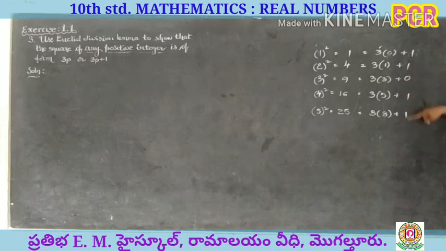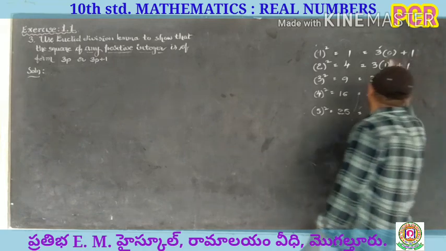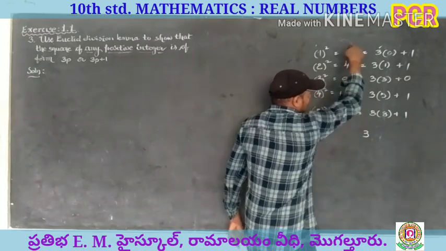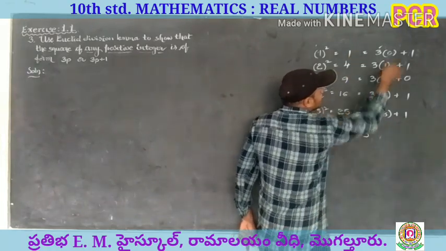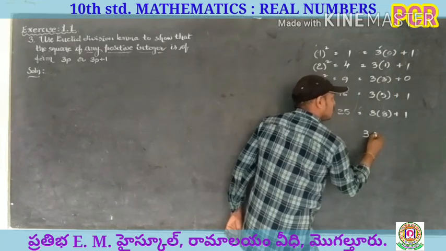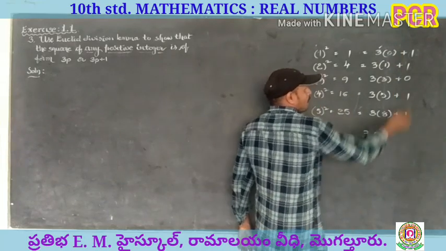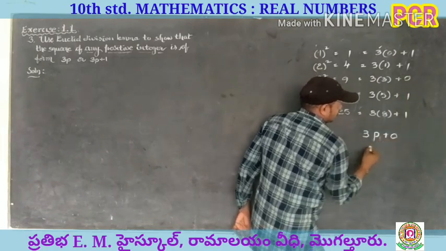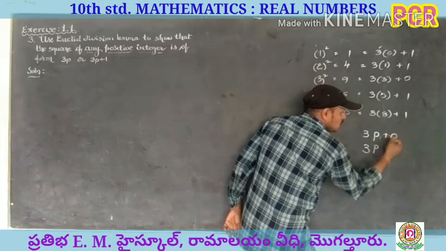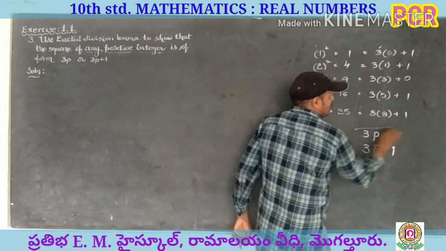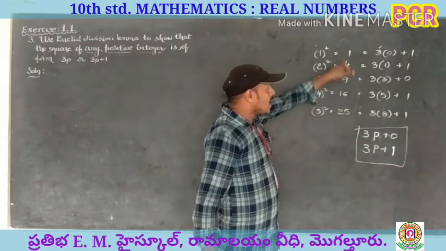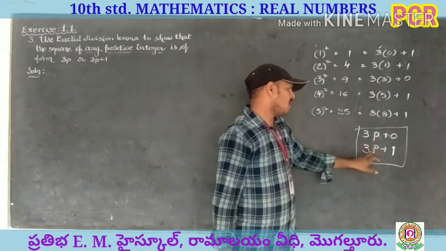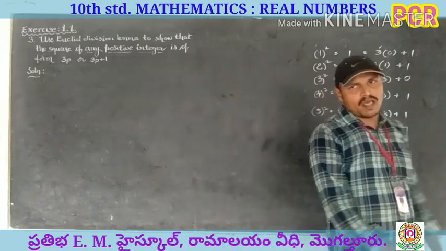That means in general we can write the square of any positive integer as 3 into any number, say p, plus 0 or 1. That means 3p plus 0 or 3p plus 1. That means the square of any positive integer we can write as 3p or 3p plus 1.